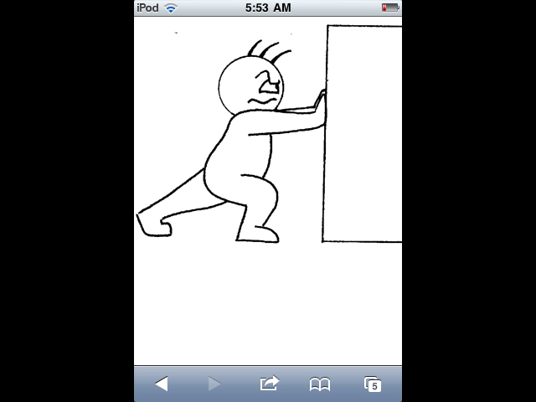Like this little guy here, if he's pushing near the top of this box, he might tip it over. If he's pushing right through the center, where all of the mass is centered, it's more likely to make it move. In our problems, we will focus on forces that act through the center of an object, so we don't have to worry about the tilting effect that would happen in reality.